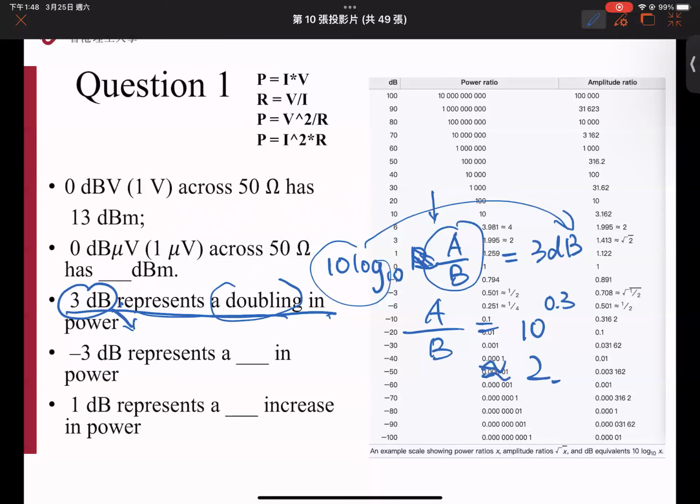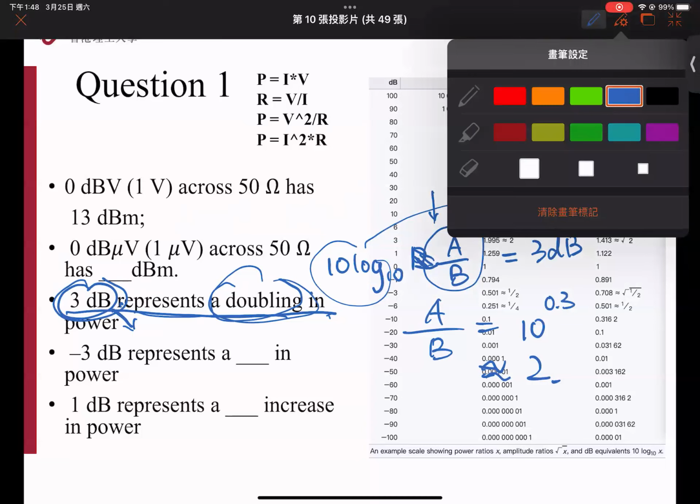So the characteristic is that if they are compared in terms of dB, if it is 3 dB, it is doubling the power.